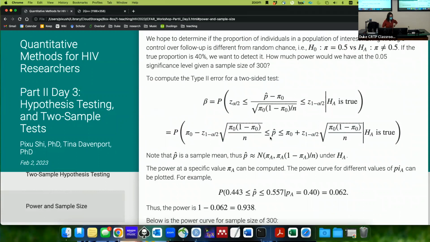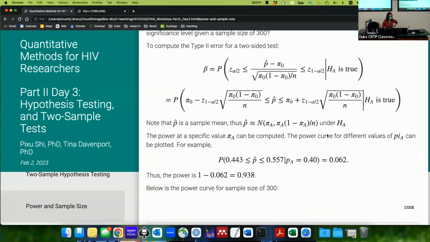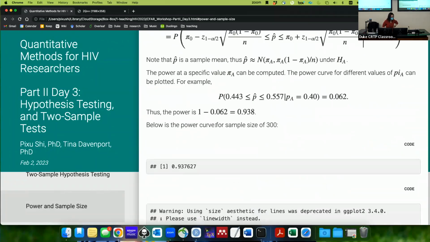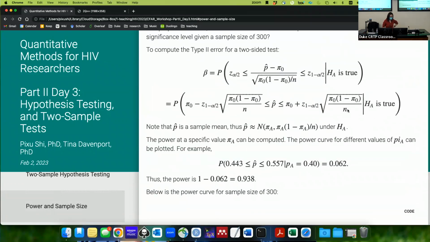You first look at the probability of making the type 2 error, which is not rejecting the null when the alternative is true, and you write out the entire formula. Take 1 minus it, and that will be the power. And similarly, you will see all the same factors that affect the calculation of power.